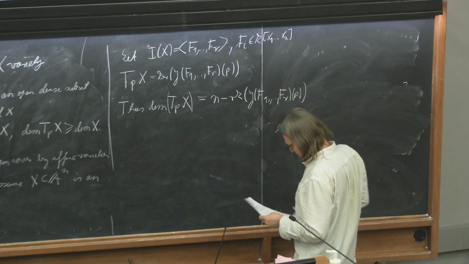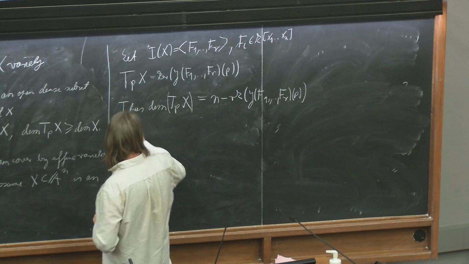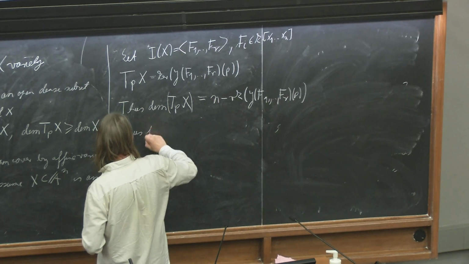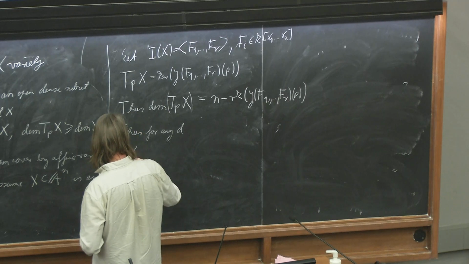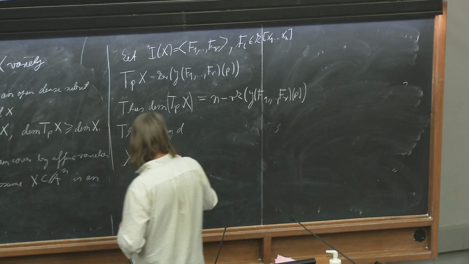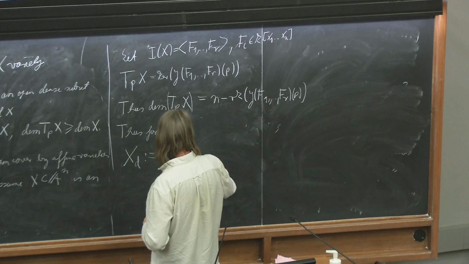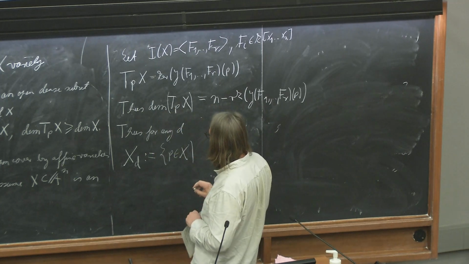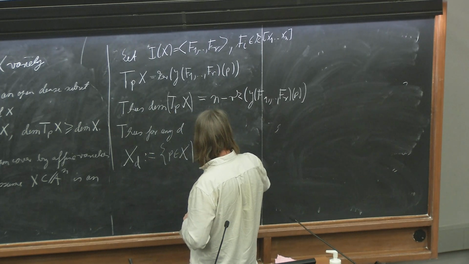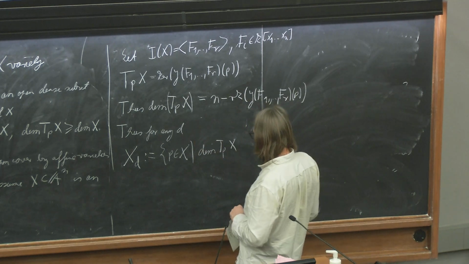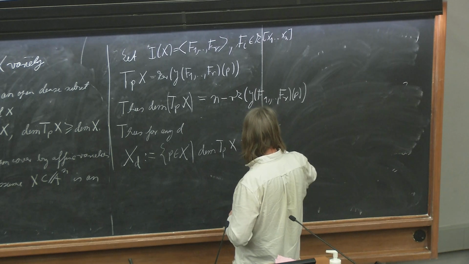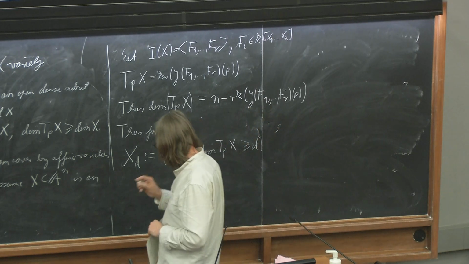Okay. So now, for any d, if I look again at X_d, the set of all points p in X such that the dimension of the tangent space is bigger or equal to d, this is a closed subset in X.